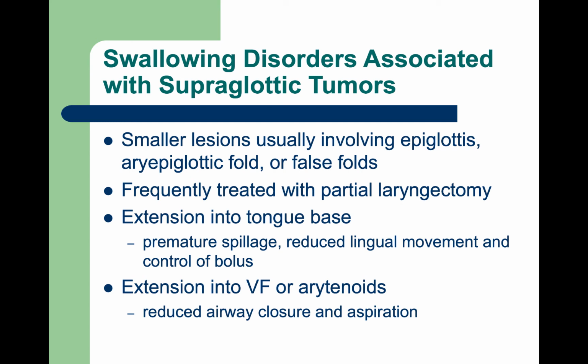When you have an extension to the tongue base, you'll see problems such as premature spillage of food into the airway entrance. These patients typically exhibit reduced lingual movement and reduced bolus control.